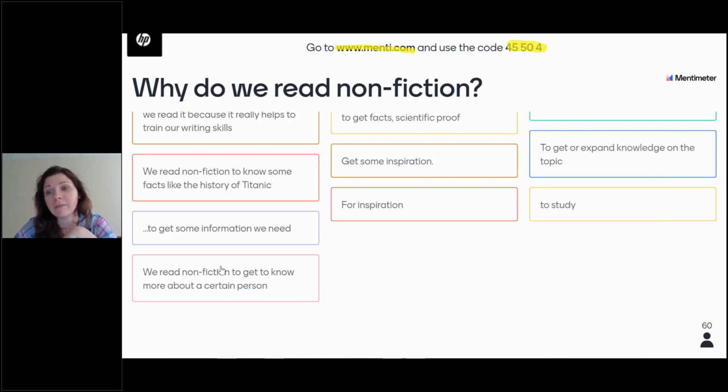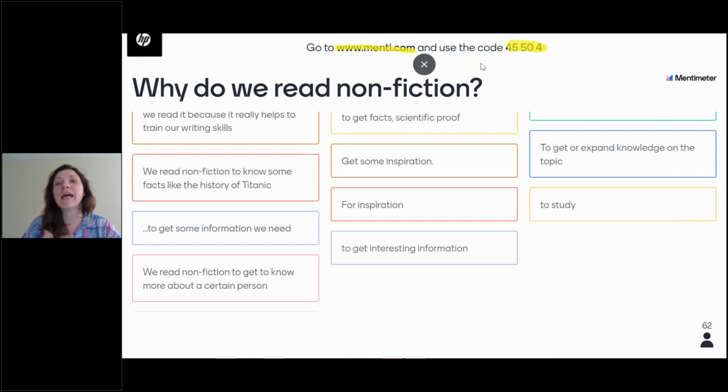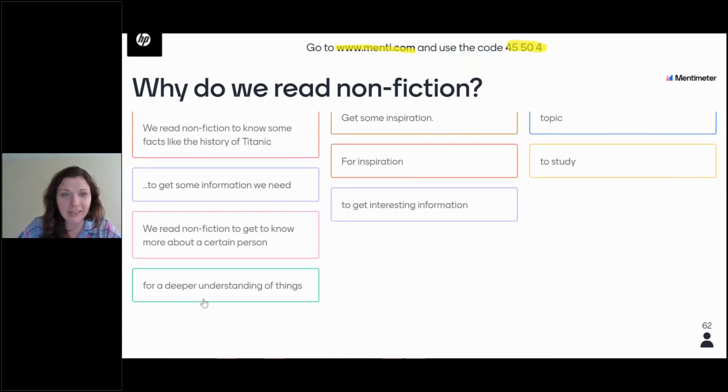So, we also can be like that. We read nonfiction to get to know more about a certain person. Right. That's a very good idea. Thank you very much. I'm going to go back to our presentation. I will have another question for you, so you will be able to answer again for a deeper understanding of things.